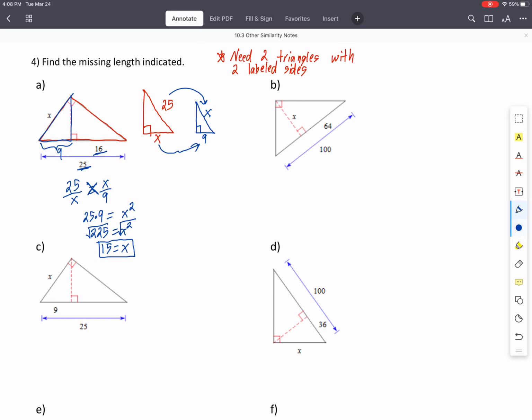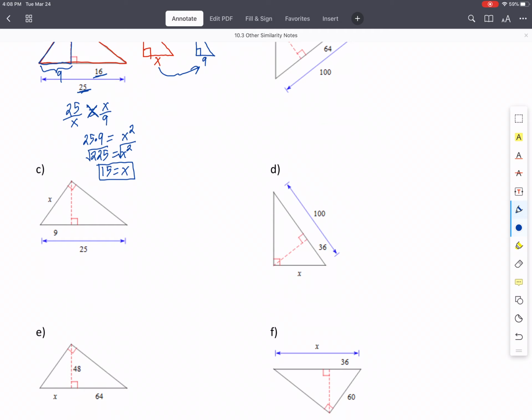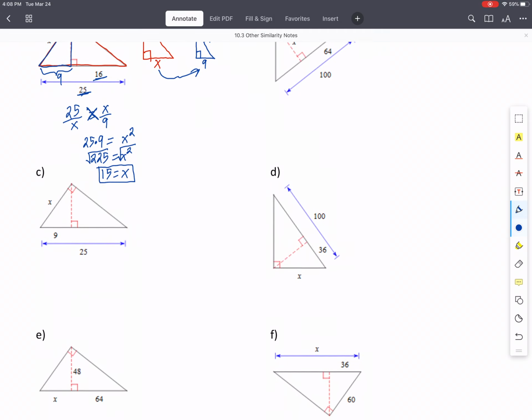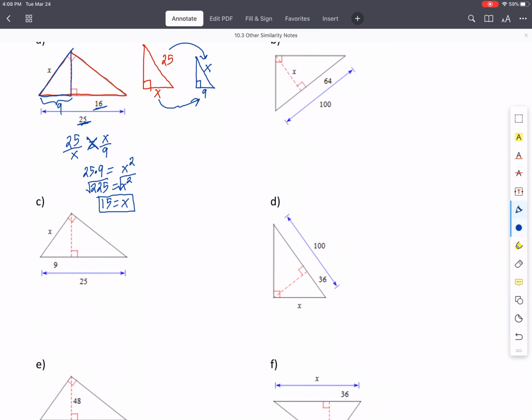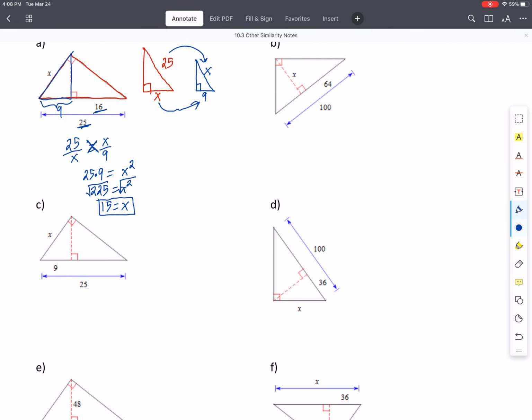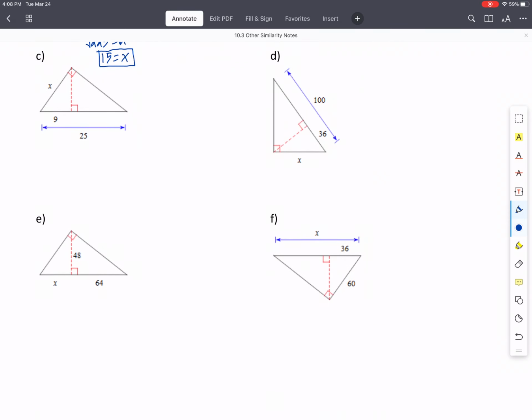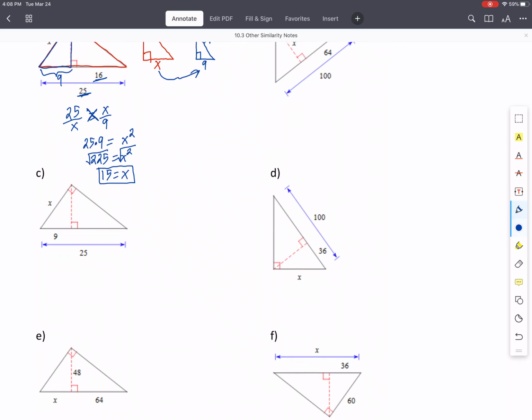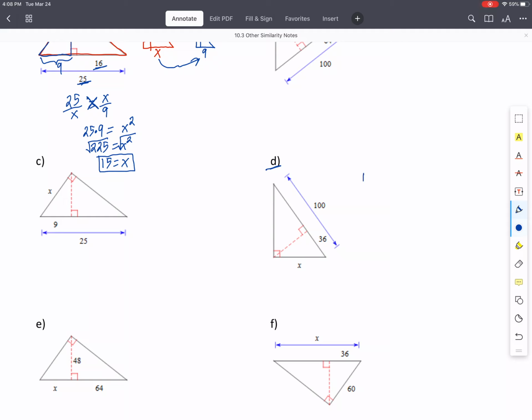Okay. Let's go ahead, let's look at C here. Actually, that one's basically the exact same triangle. So, hey, there you go. Let's look at D. Why not? So we have our big triangle where we know x is the short side, and 100 is the long side.